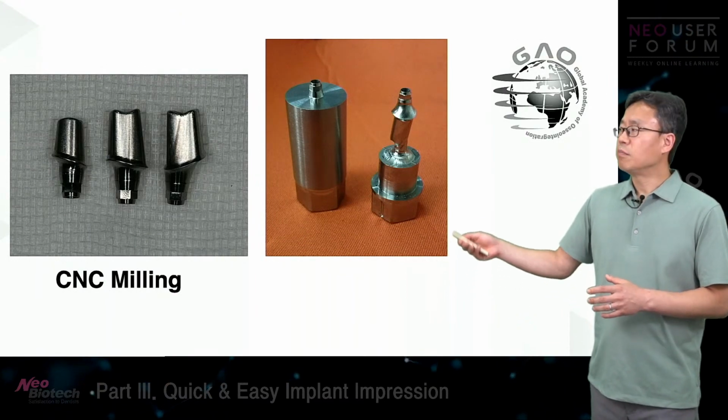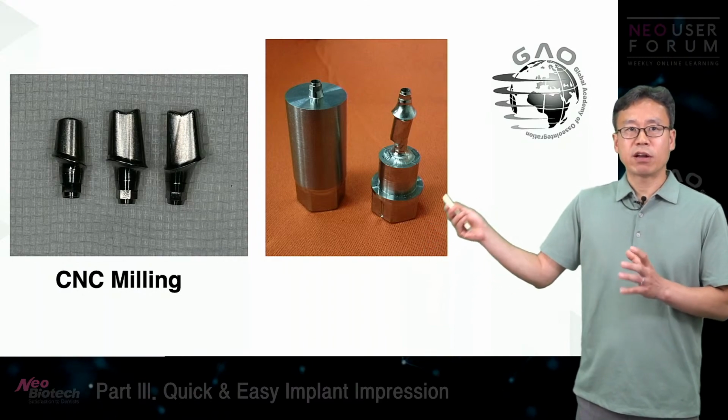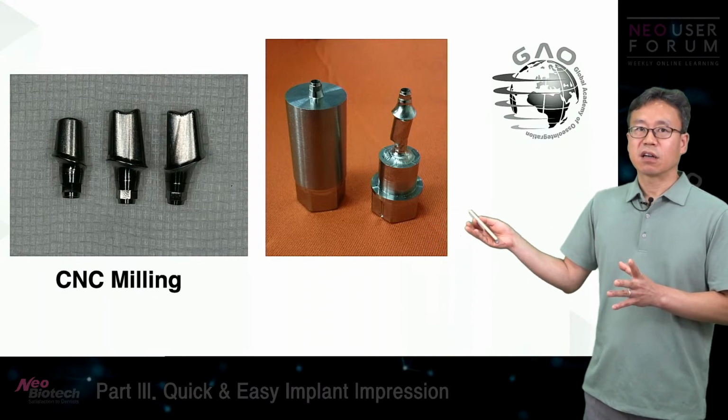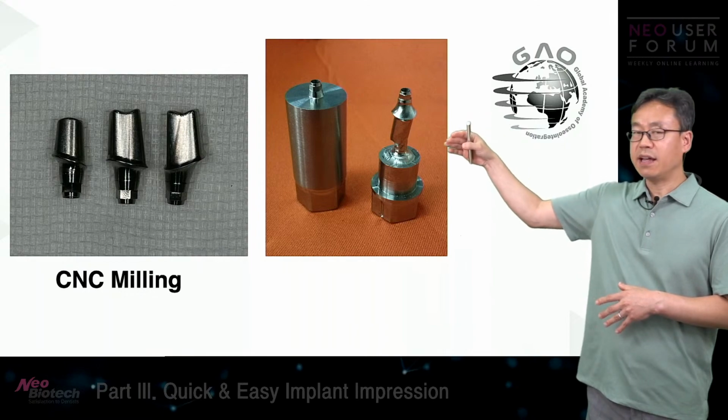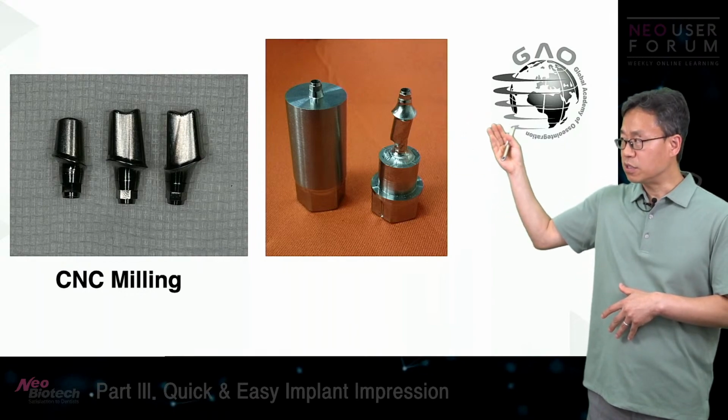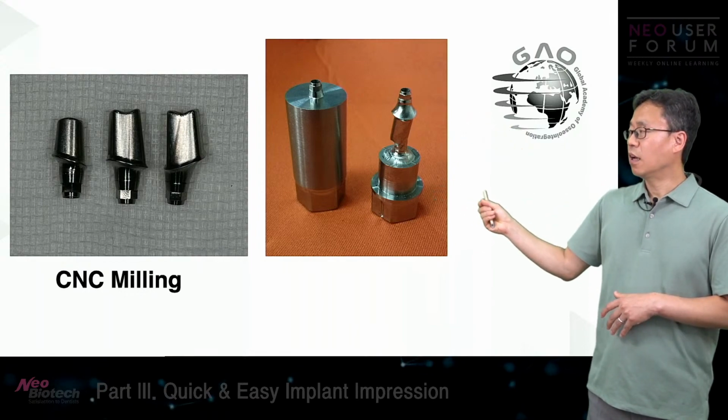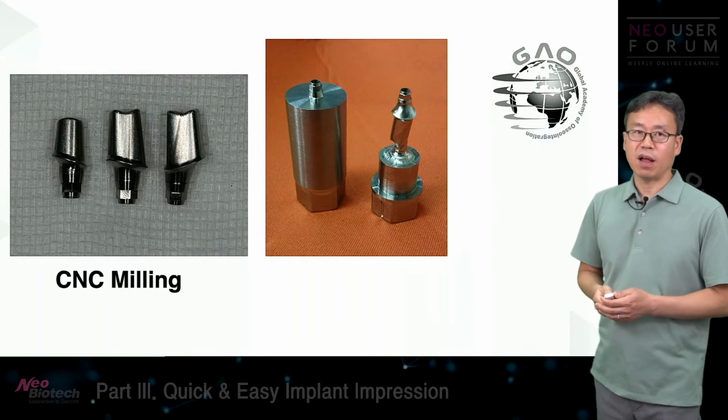On the right is the milling outcome from the metal block, which has connection on one end already. So this is a prefabricated titanium block.